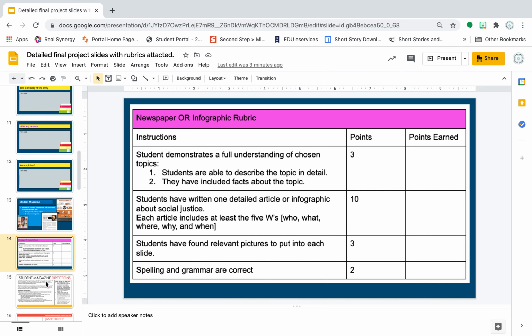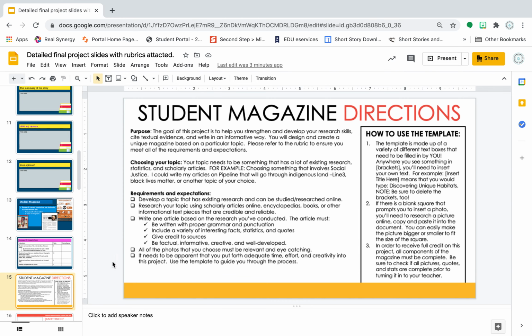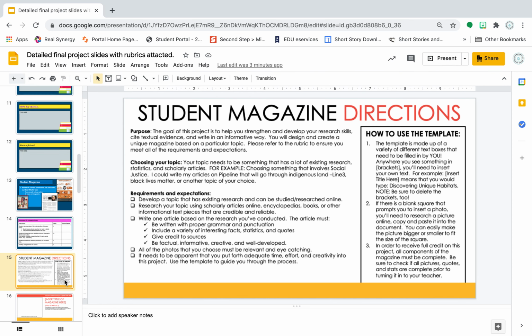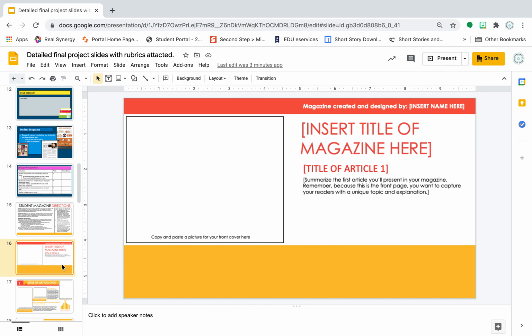So I'm going to give you an example of what this newspaper is going to look like. This is just what I just said, basically. And then there's some directions on how to use this template. I'm going to move past that because you and I can talk about that. But this magazine layout is going to be you're inserting things. So in this box, you're going to insert a picture, which is about your main topic.